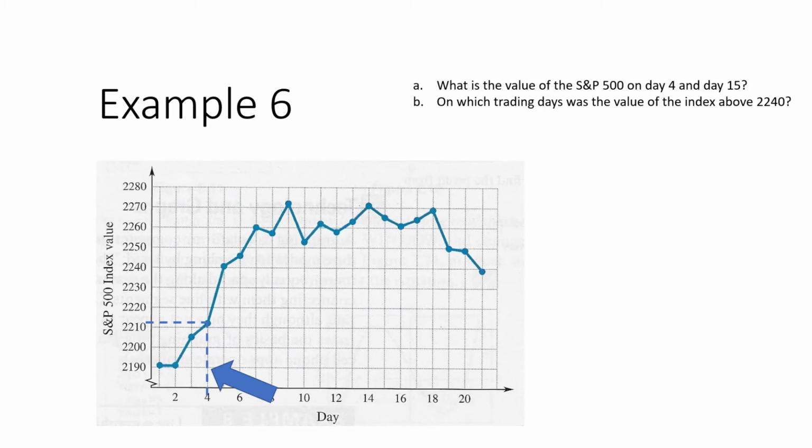Repeat the process for day 15. Here's the line from the day axis to the graph. When I trace back to the vertical axis, I am right between 2,260 and 2,270, so my estimate is 2,265.